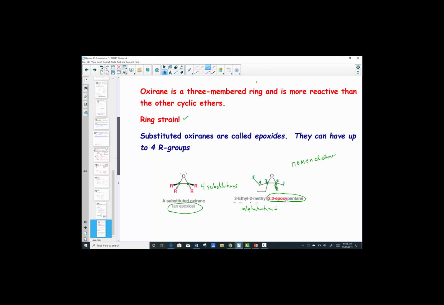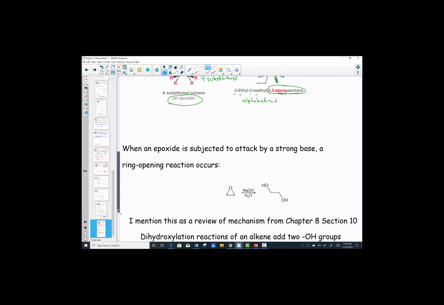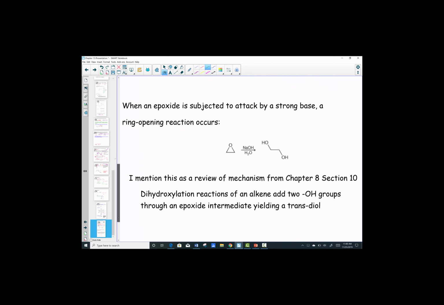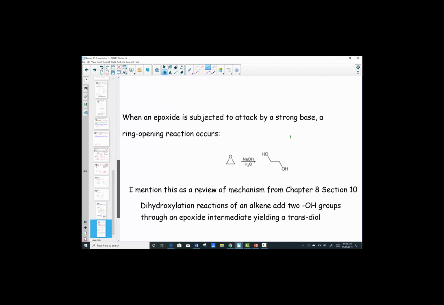Now, where have we seen these before? We did this when we looked at a dihydroxylation reaction back from chapter 8. When an epoxide is subjected to an attack by a strong base, such as sodium hydroxide, ring opening occurs to create a diol.